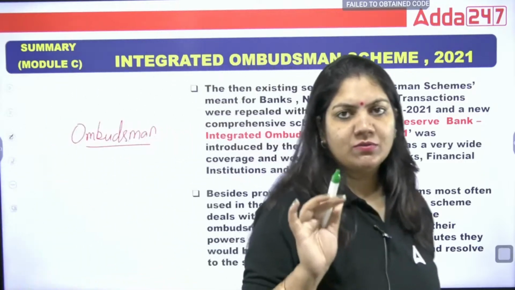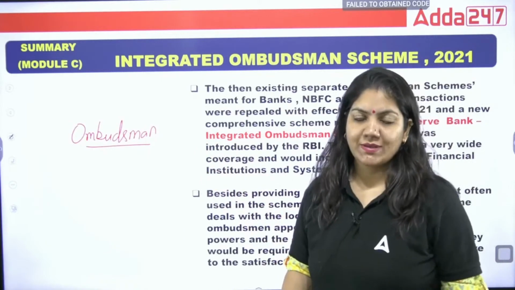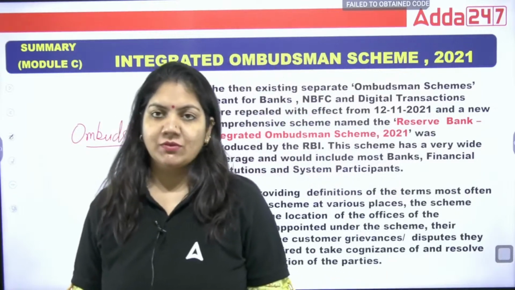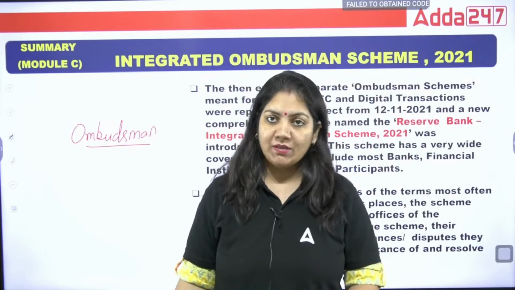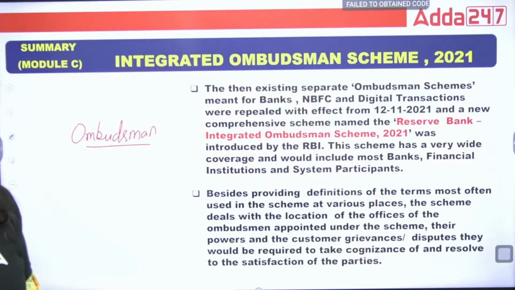An Ombudsman is the authority authorized to listen to the complaints of customers. That is the work of the Ombudsman. We know that we have a court, we can go to court for justice, but for this particular purpose, the Ombudsman is there just to listen to the complaint.